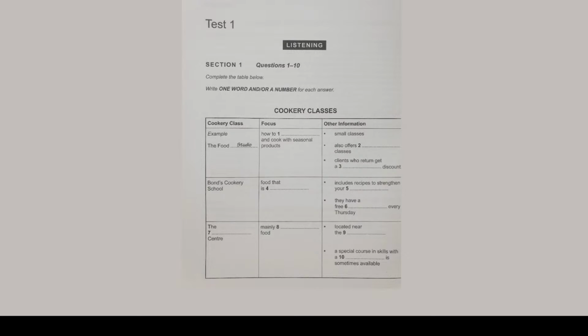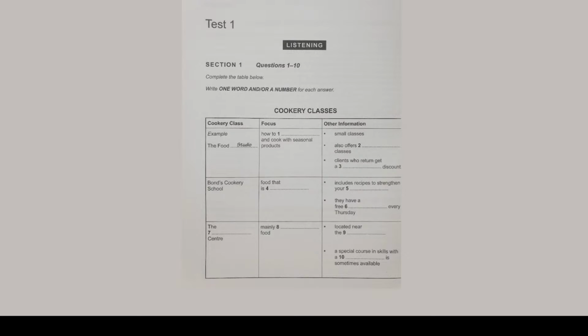At the end of the test, you will be given 10 minutes to transfer your answers to an answer sheet. Now turn to section 1. Section 1. You will hear a telephone conversation between a woman who wants to attend a cookery class and an official at a tourist information centre.